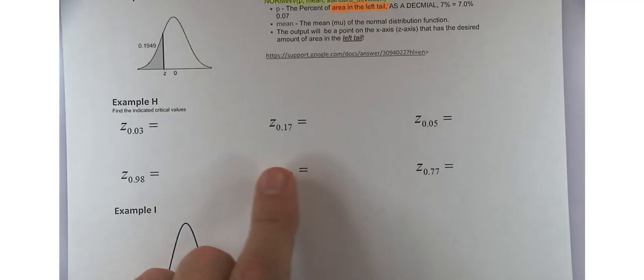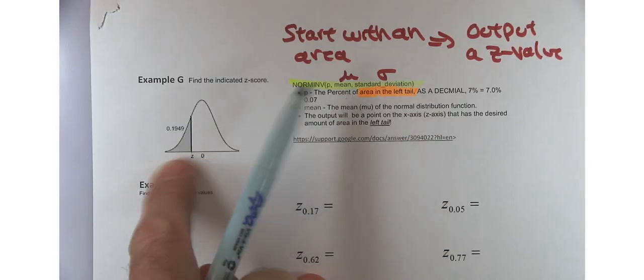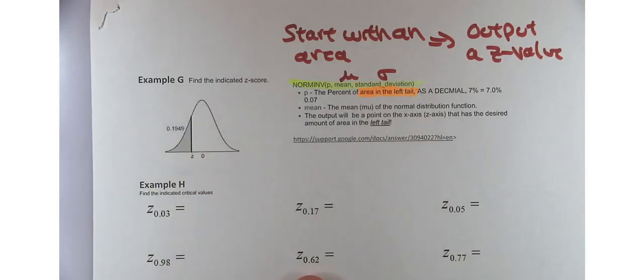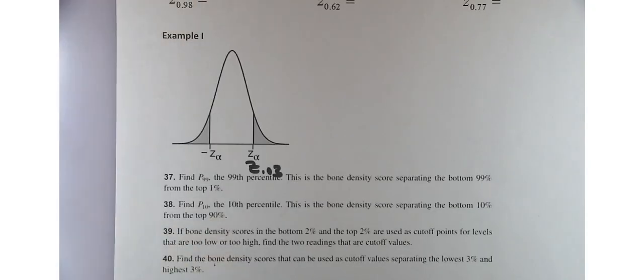In general, z sub alpha is going to be the point that has that much area in the right tail. And that's going to be a value that we're going to get on the x-axis or z-axis, depending on how you want to call it. But it's going to be a value. In fact, you kind of reminded me of something I wanted to write for you guys, which would be this. Just to kind of have this in one place.